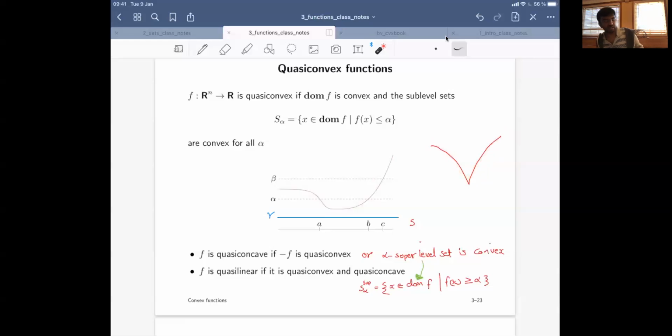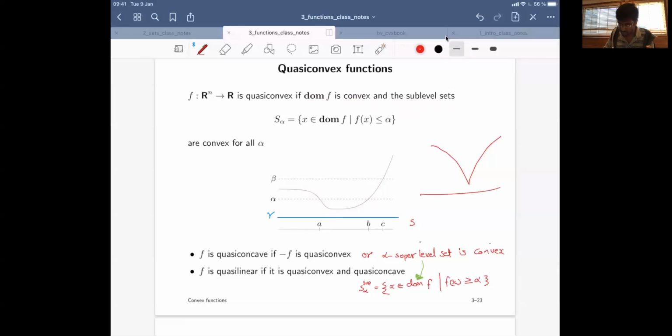So now we will see how we can define it. A function R into R is quasi-convex if first thing is the domain of f has to be convex. Otherwise, there is no point, right? The domain has to be convex. And the sublevel set. So we saw what is a sublevel set. How do you form a sublevel set?